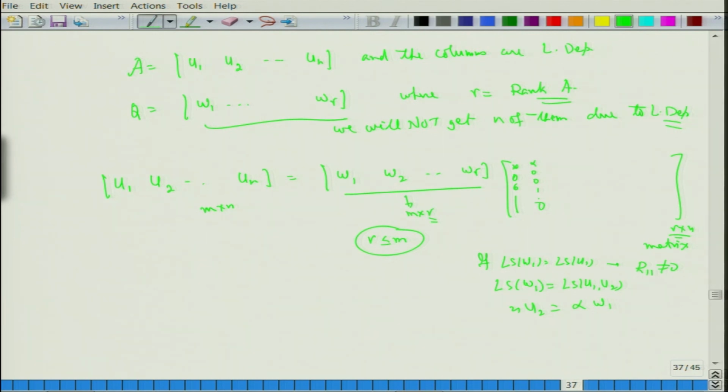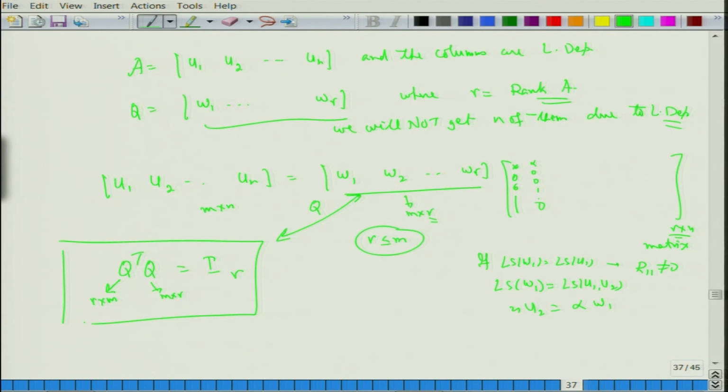So you have to be careful that when you generalize, some issues will come. But what is more important is, look at this matrix Q, an M cross R matrix. If I look at Q transpose Q, this is R cross M times M cross R, and you can check, the way that I have checked, that this is an identity matrix.